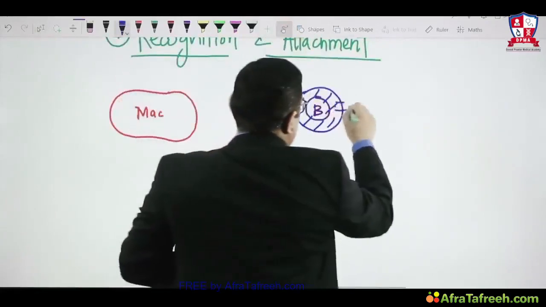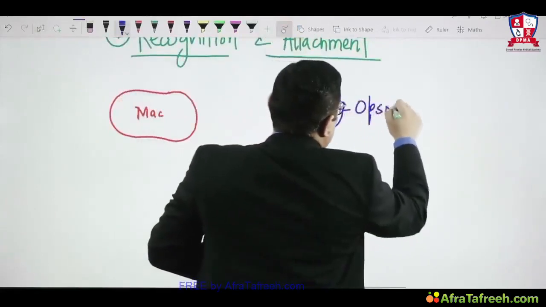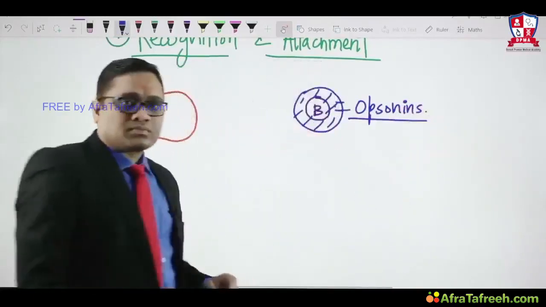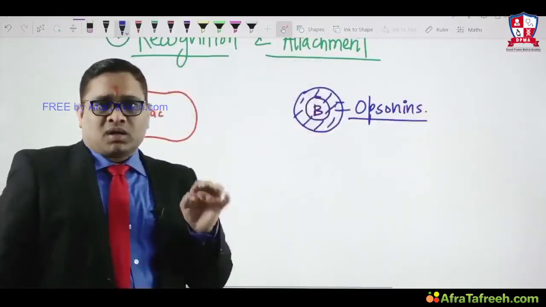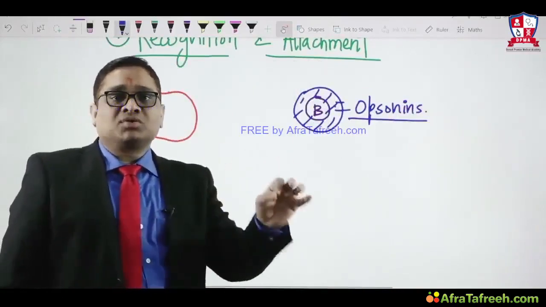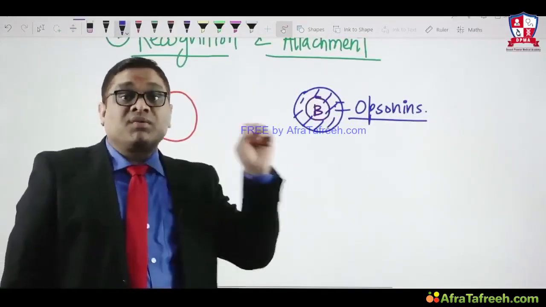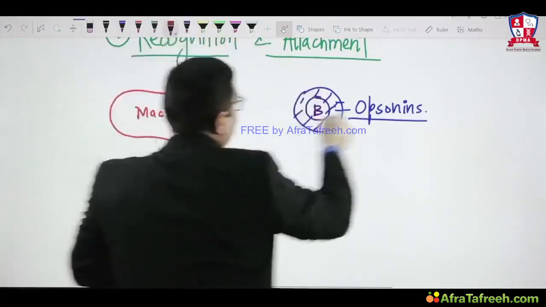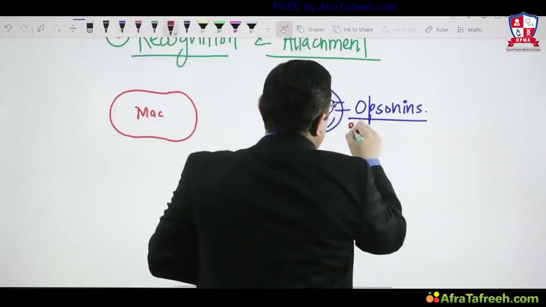So that is the point we have to keep in mind. Opsonins are compounds which are required for recognition of the bacteria, and they enhance phagocytosis. Remember, this was a question in the All India exam.